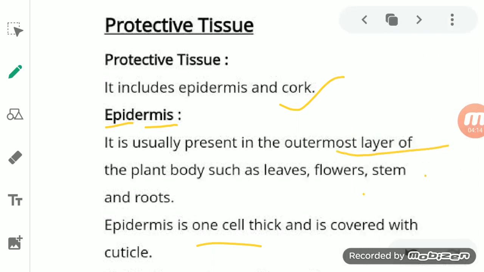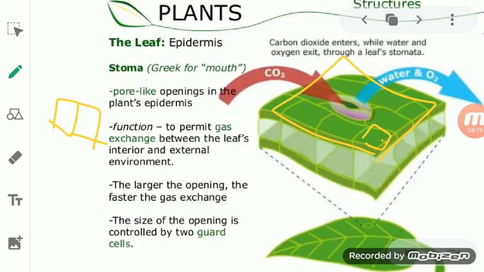If you see this epidermal tissue from the upside, you find a thin, single layer with a hexagonal or polygonal shape, with cells fitted to each other perfectly.